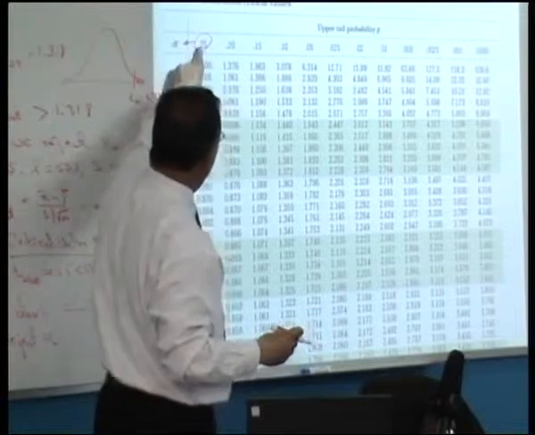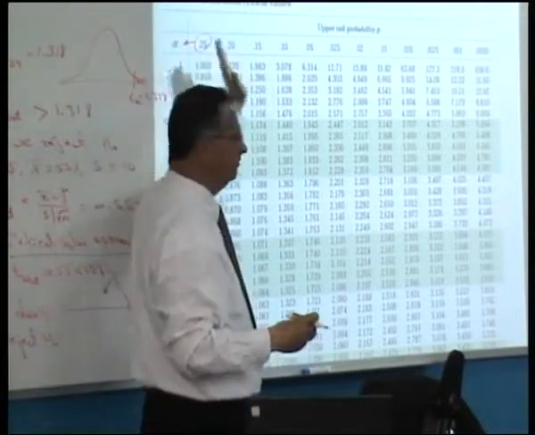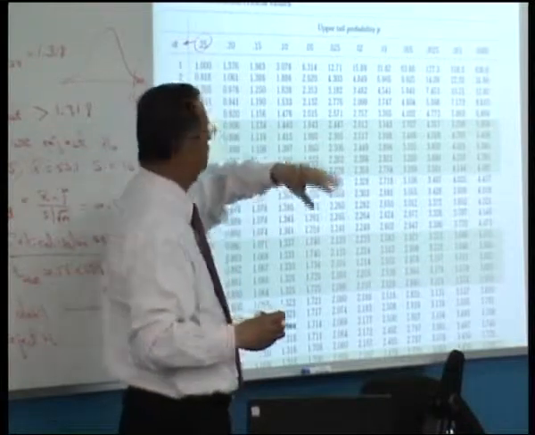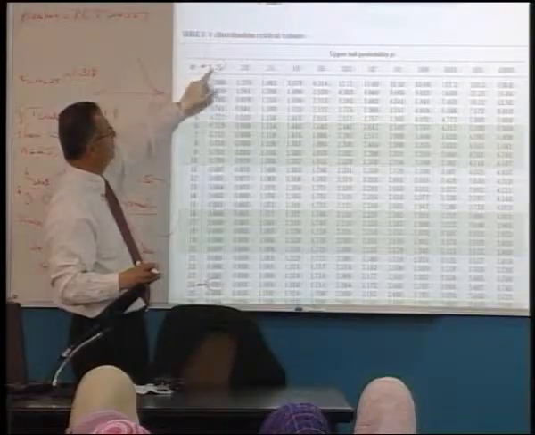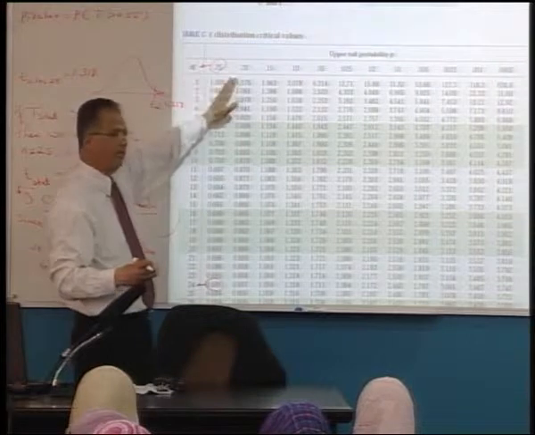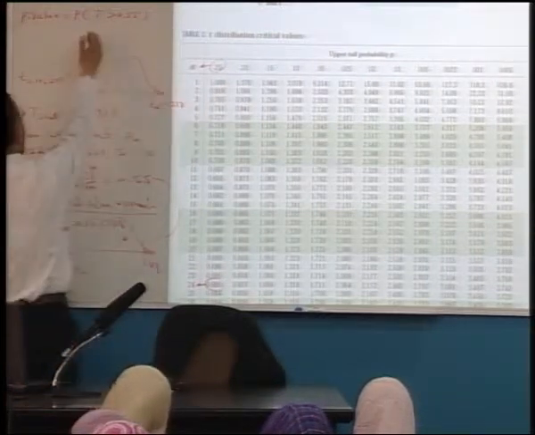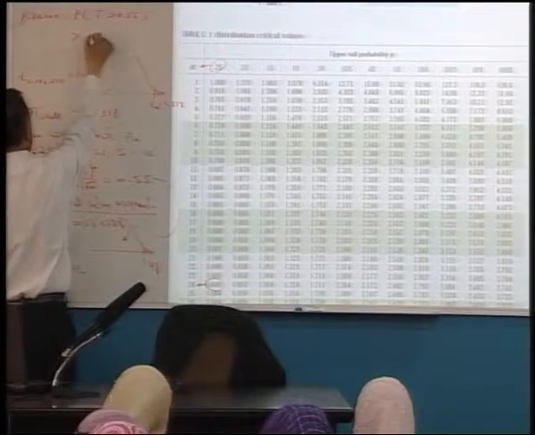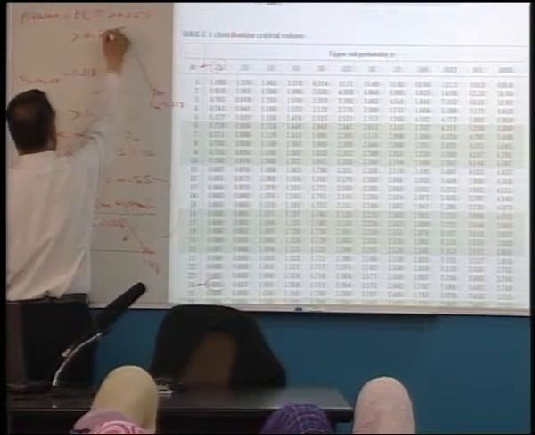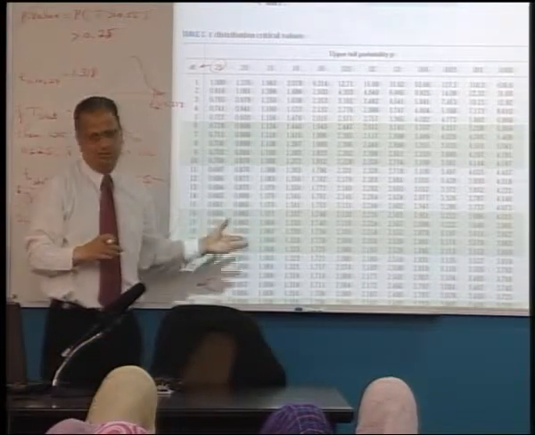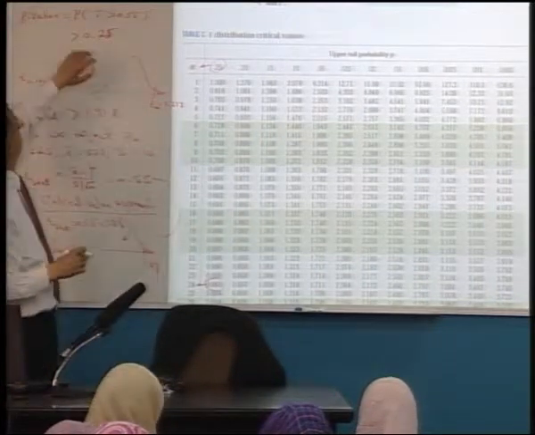Now 25 to the right, 20, 15, so the values are decreasing in this case. So what do you think? Is my p-value above or smaller than 25? Above. So your p-value in this case is greater than 25. Again, the t-table does not give the exact p-value, so you can just say my p-value is above 25%.